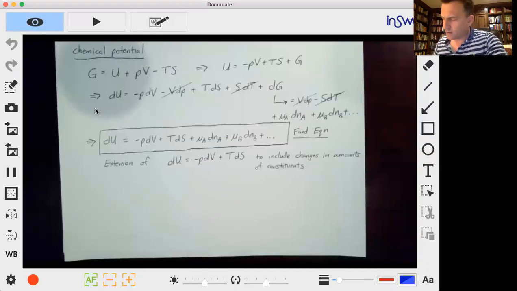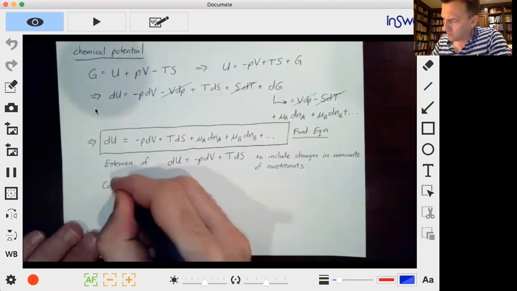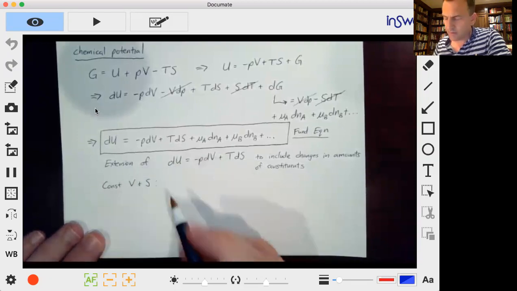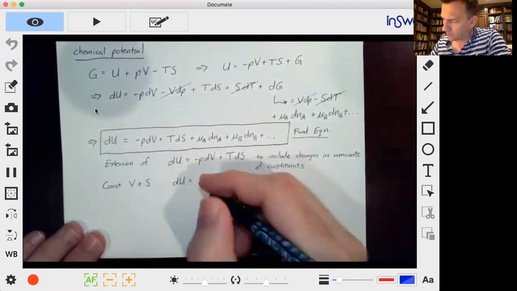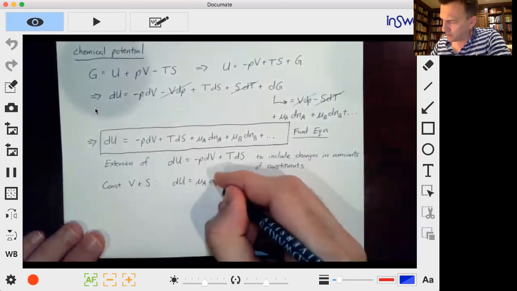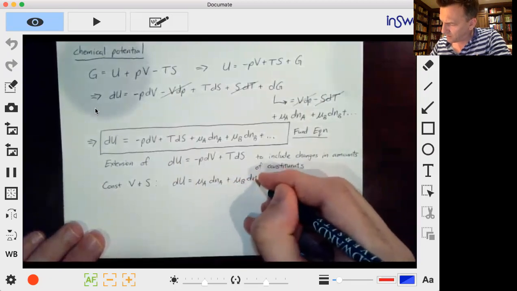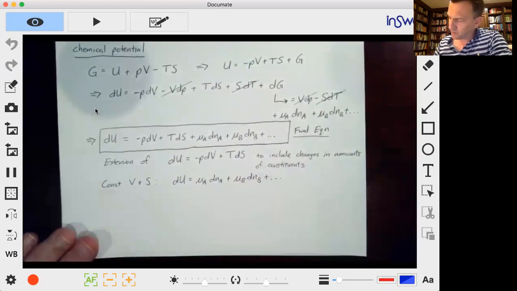Okay, now let's take a look at what happens if we hold V and S constant. If we do that, then this dV and this dS term go away, and dU is equal to mu A dNA plus mu B dNB. And this looks just like the formula we had for dG.